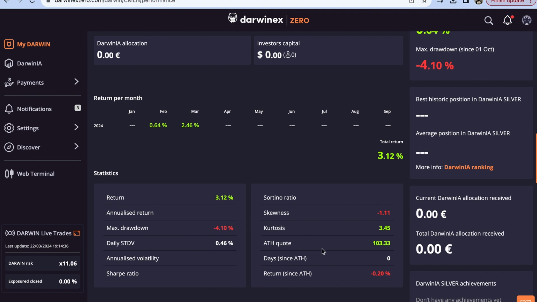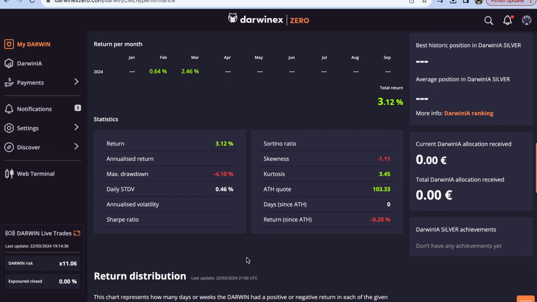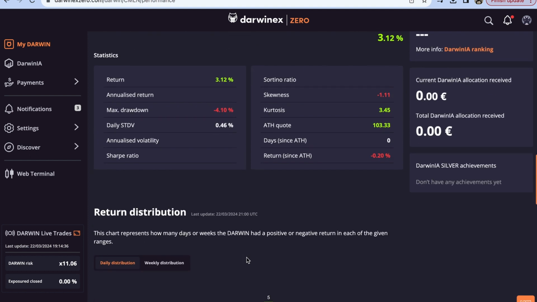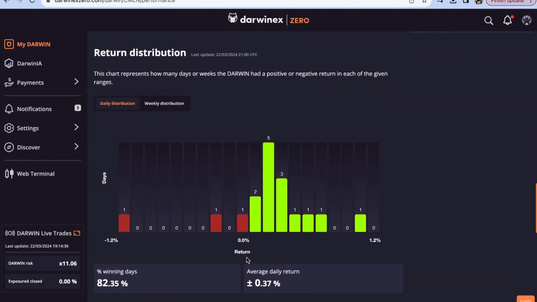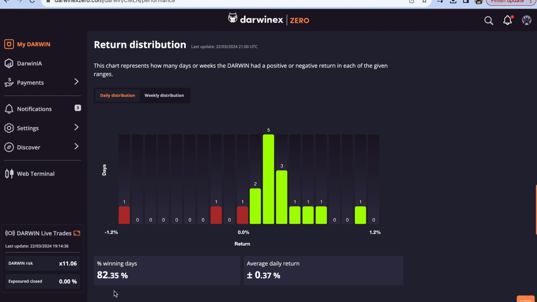Right, max drawdown, all-time high quote, where we're at right now. So pretty much some numbers and everything. Return distribution, right? As we can see, for the past month or so, winning days 82%, average daily return about a third. Daily distribution shows how many winning days to how many losing days in percentage, right?